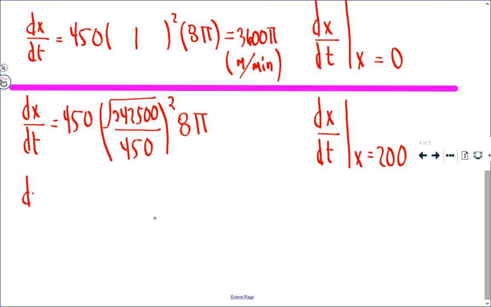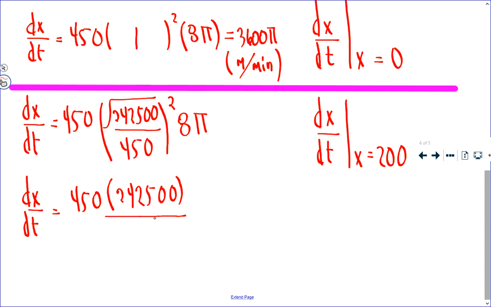What do I get? I get dx dt equals 450 multiplied by 242,500 over 450 squared times 8 pi.